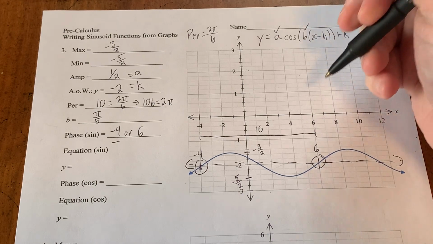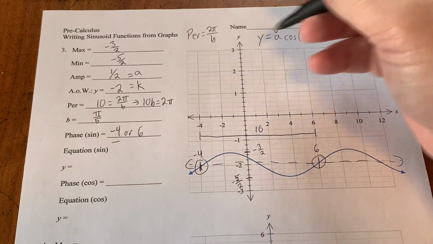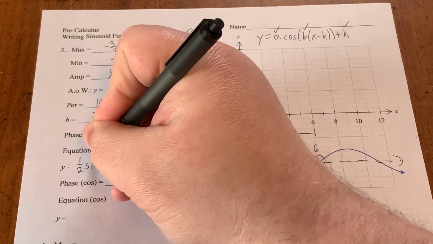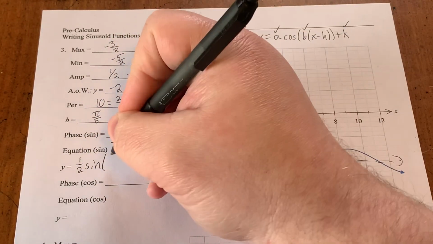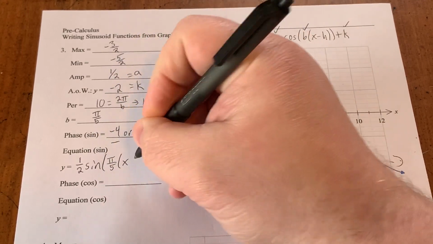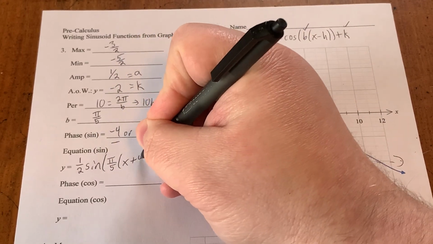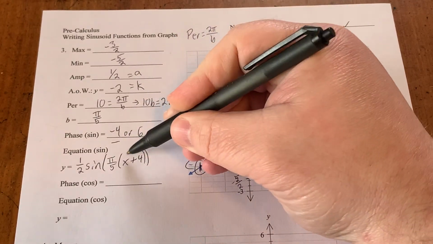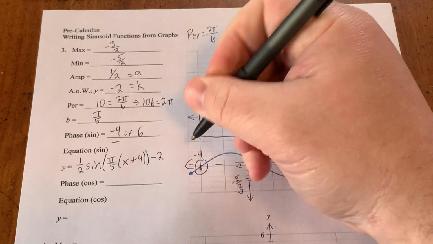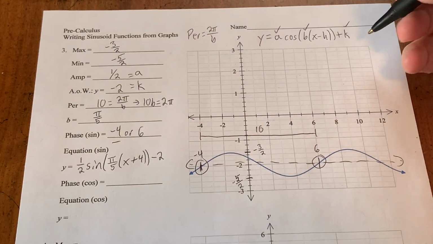So we just plug everything in. Y equals A, which was 1/2, sine of B, which was pi over 5, X minus h, so x minus -4 is x plus 4. If you had x minus 6, it'd be perfectly fine and give you the same graph. And then plus k, so minus 2.